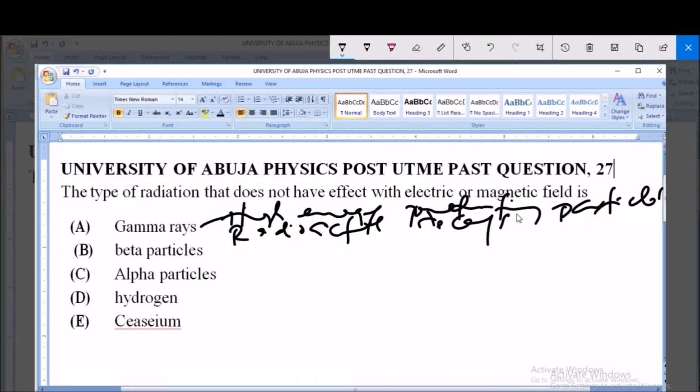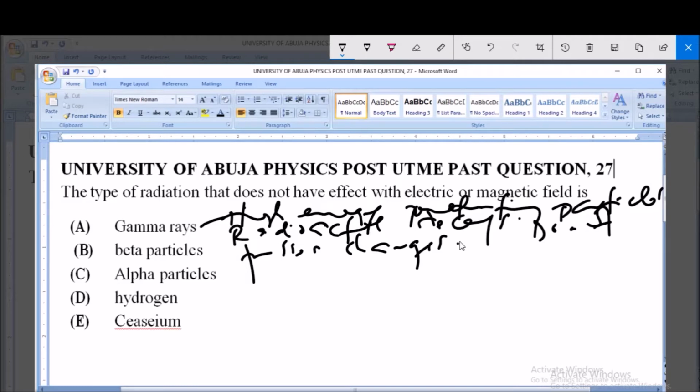Gamma rays do not possess any charge. What I mean by that is that they neither possess positive nor negative charges. They are considerably neutral.